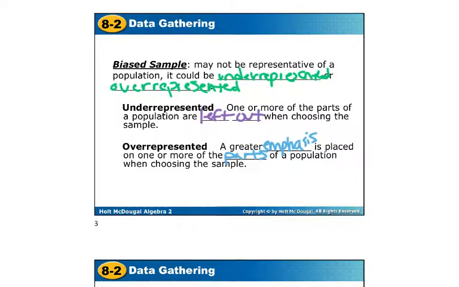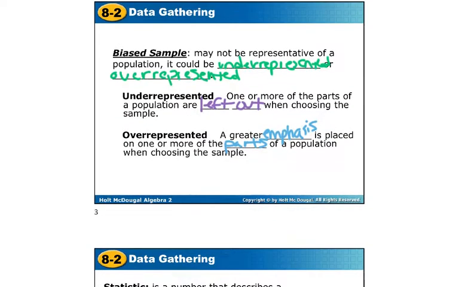And again, this happens, either of these, when we're talking about making samples easier to take and things like that, which is why surveys are so difficult, because you want to make sure that you represent populations as well as you can to make any sort of inferences about the data.